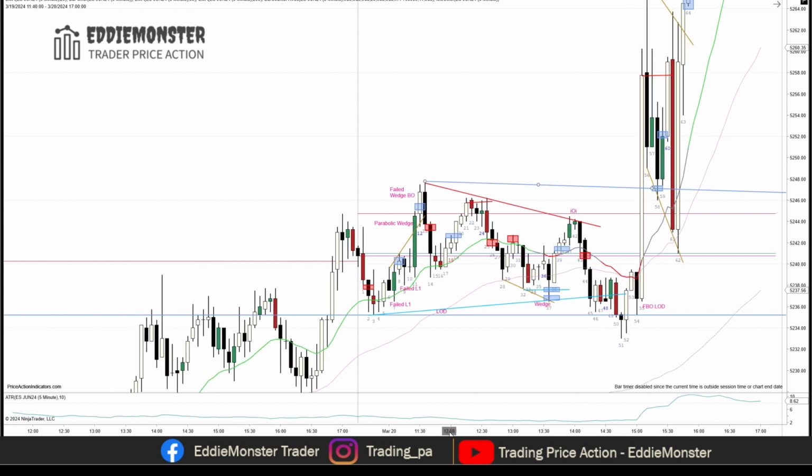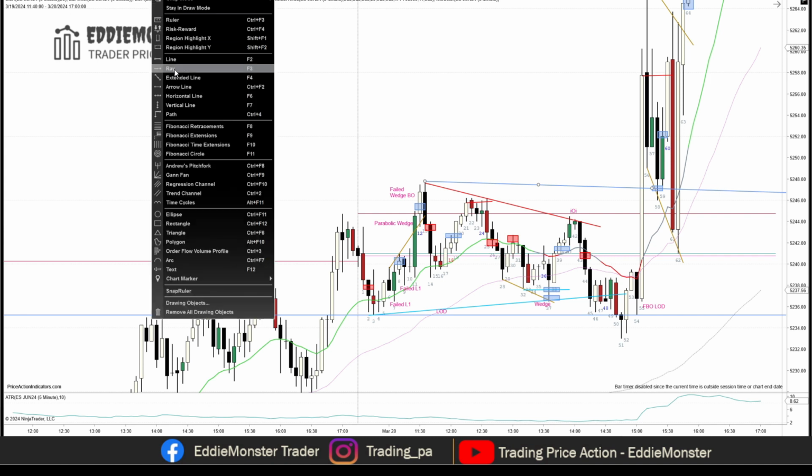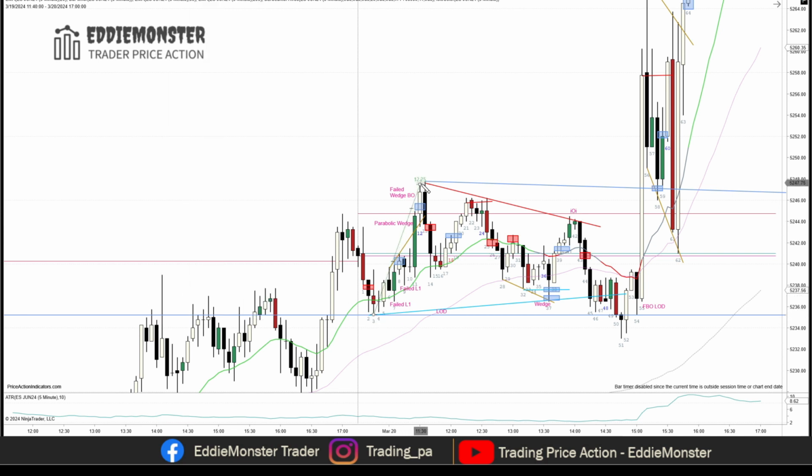Of course, everyone is waiting for fun, right? But the good thing is that we have a pretty good range of 10 points or so, which will allow you to make 2 to 5 scalps. You see, 2 to 5 scalps within that range.